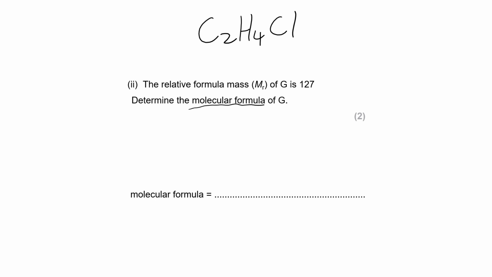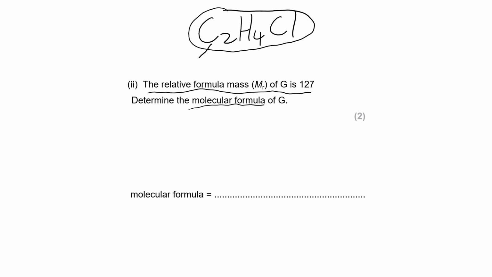What it's saying in this part is that the actual compound has a relative formula mass, or an Mr, of 127. So what we need to do is work out the relative formula mass of the empirical formula first, because my molecular formula is going to be a multiple of this number. I want to work out the mass of this empirical formula.